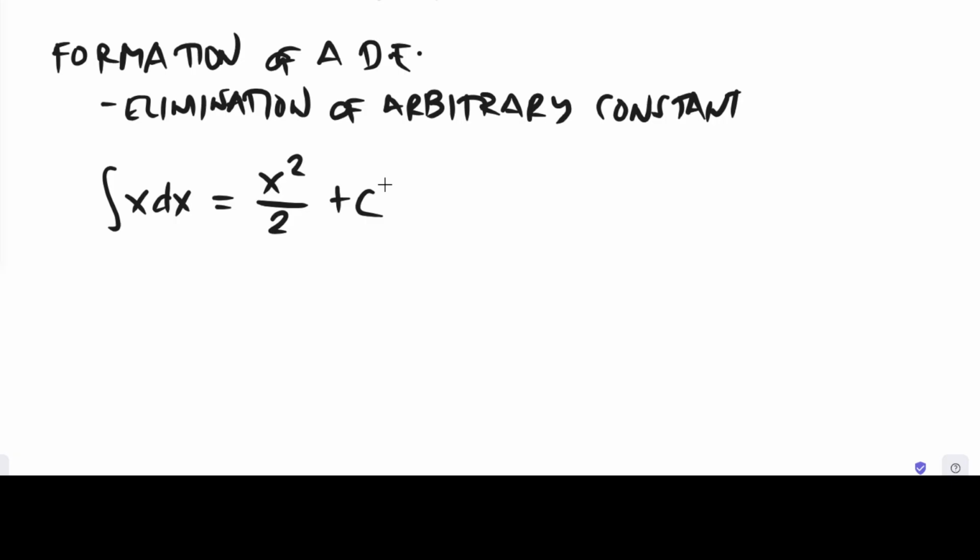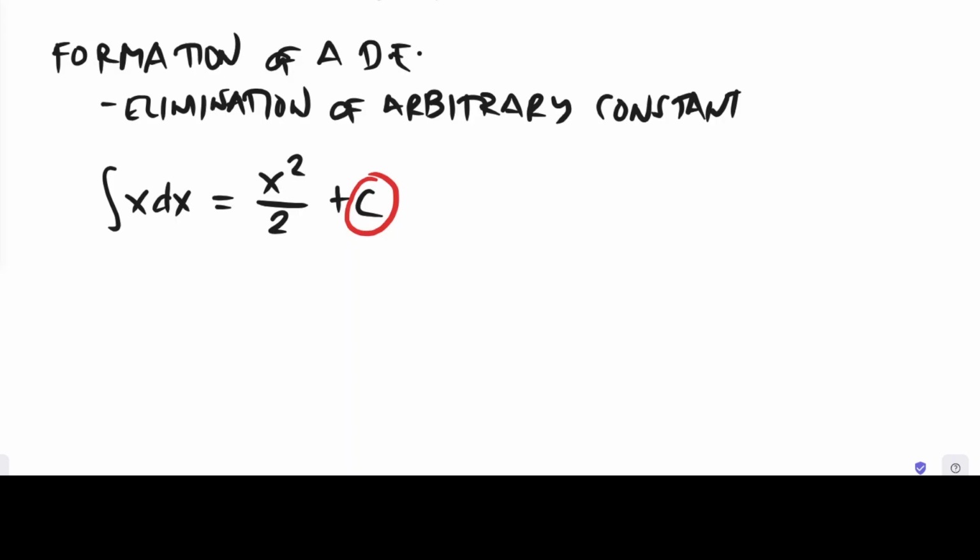This c is an arbitrary constant. This is a constant produced by the integration process. Now, if you do double integration, you will have two arbitrary constants, triple integration, three arbitrary constants, and so on and so forth.